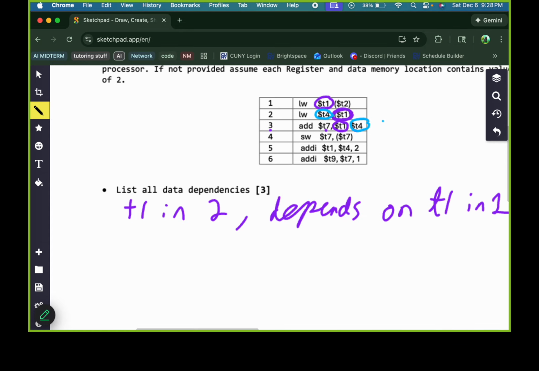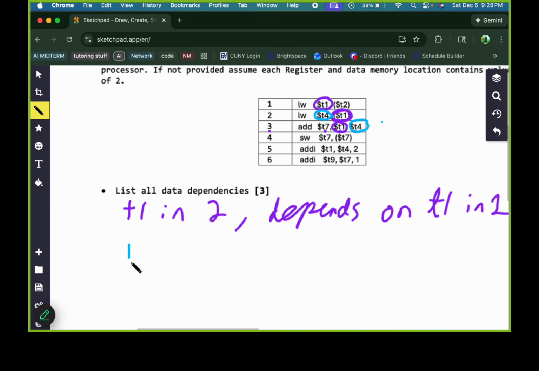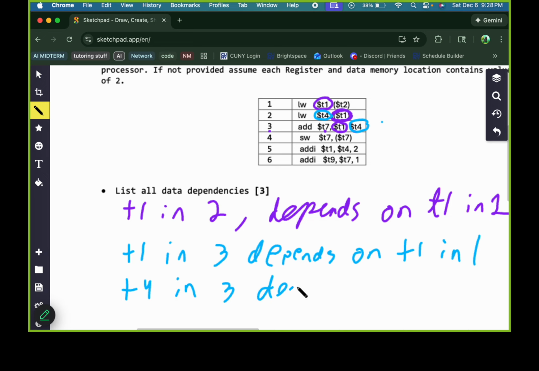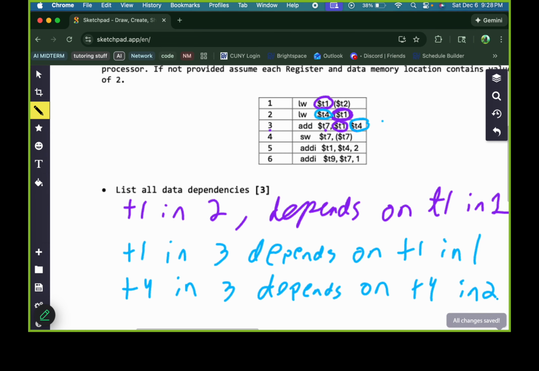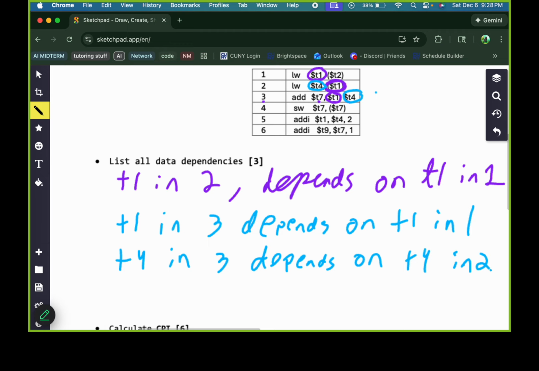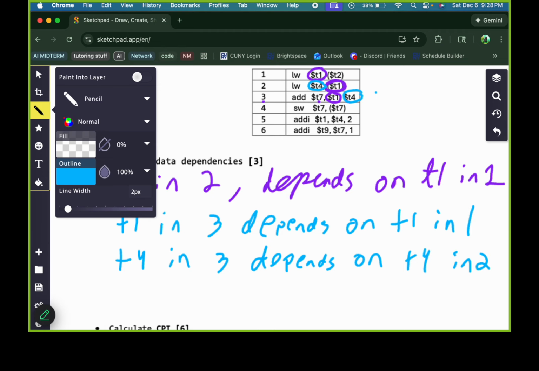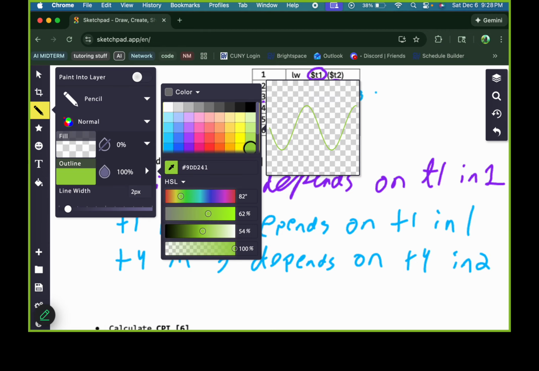So here we again have T1 in 3 depends on T1 in 1, and T4 in 3 depends on T4 in 2, right? And likewise, let's just go through the rest really quick. I'm just going to circle them in different colors. I won't write them out.